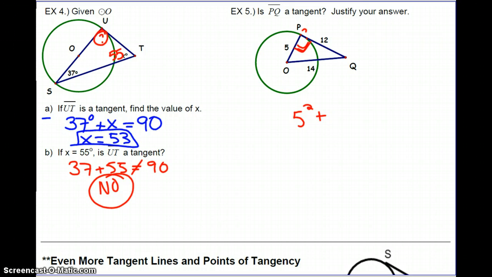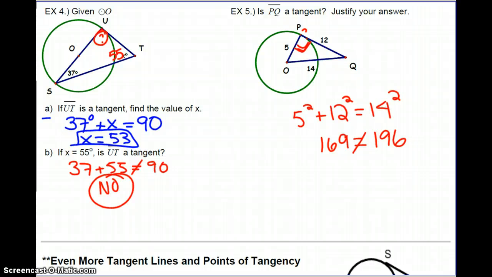So if this is truly a right triangle, 5 squared plus 12 squared should equal 14 squared. When I simplify the left, I get 169, and on the right, I get 196. Those two are not equal to each other. Because they are not equal, it is not a right triangle, it does not form a right angle, and PQ is not a tangent.